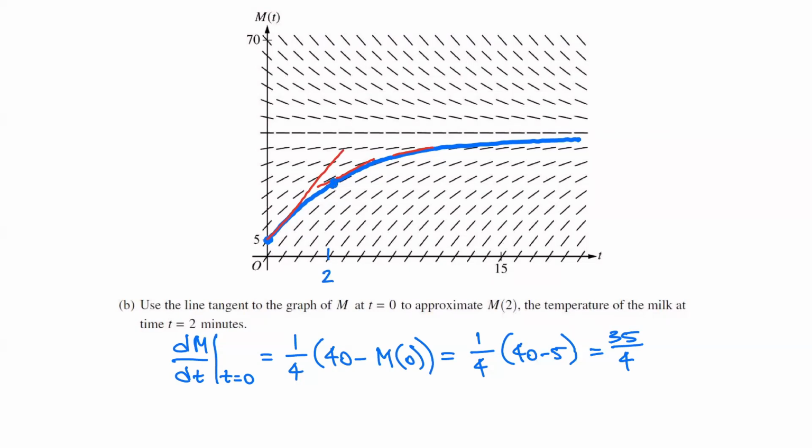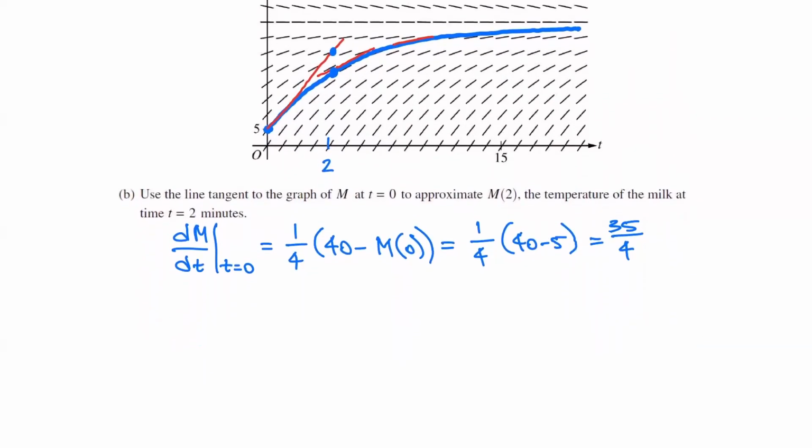So really what we are doing is calculating that m at time 2 is approximately equal to m at time 0 plus the derivative of m with respect to time at t = 0 times (2 - 0).